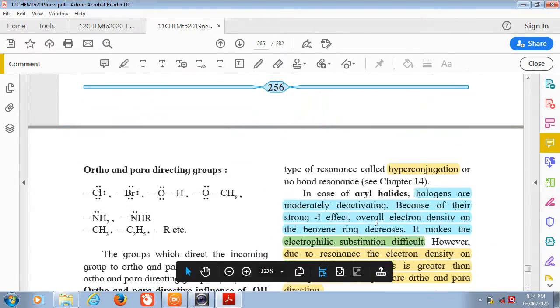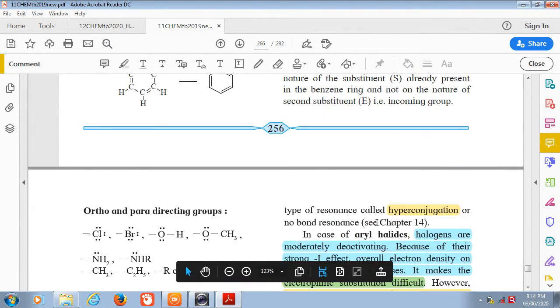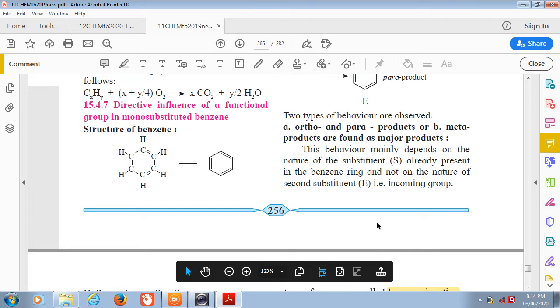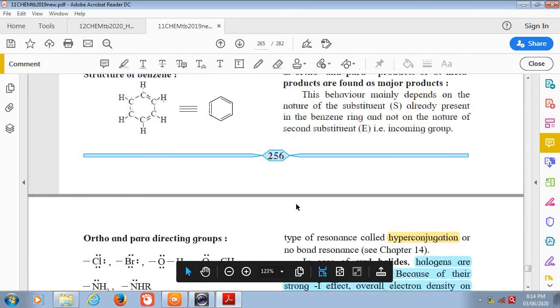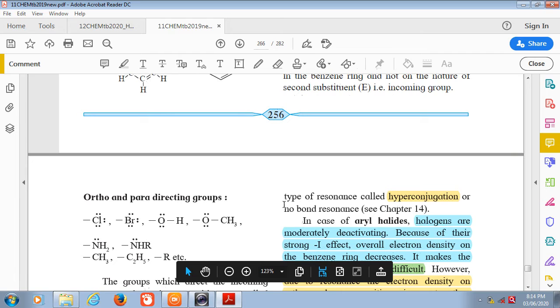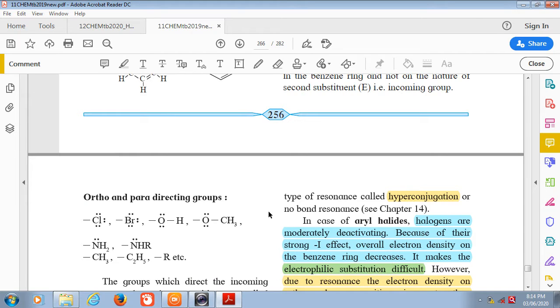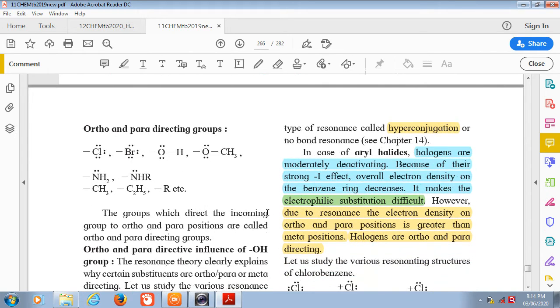So for this purpose you must be familiar with which groups are ortho para directors and which groups are meta directors. If the group is an ortho para directing group, it helps substitution at ortho and para. Which groups are ortho para directing?